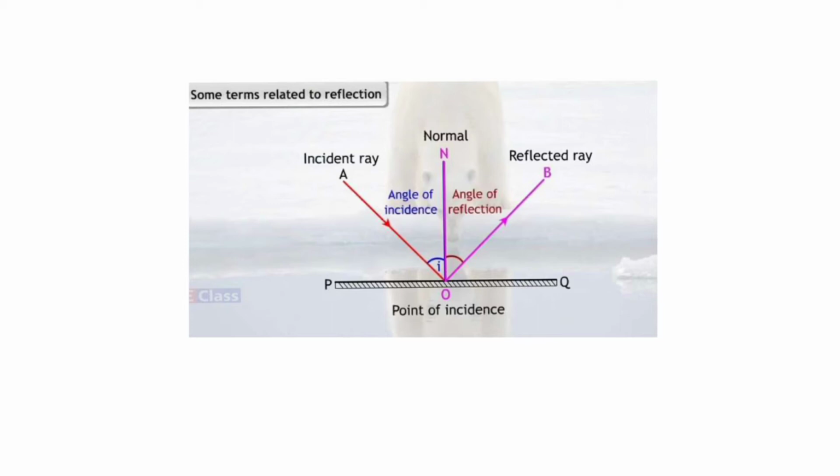So now let us understand the law of reflection. First thing, the angle of reflection is equal to the angle of incidence. That means I is equal to R. If I is 30 degrees, R is also 30 degrees. If R is 60 degrees, I is also 60 degrees. Then the incident ray, reflected ray and the normal lie in the same plane.